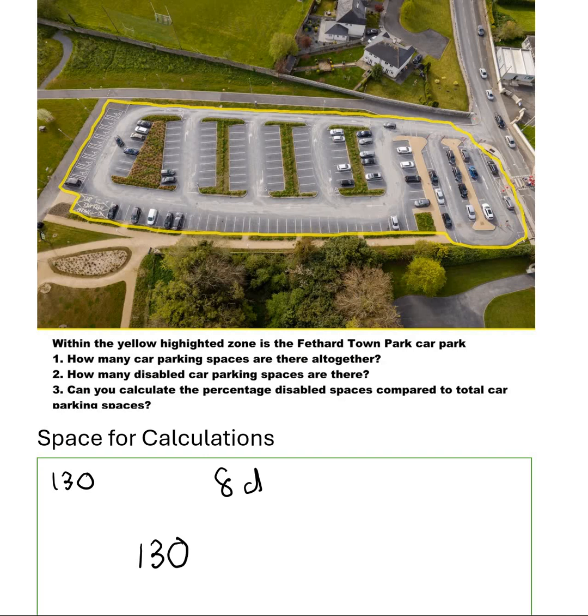We put the total number on the bottom, and the amount of disabled spaces on the top, which is 8. So now we have a fraction. To get the percentage of disabled spaces compared to total spaces, we multiply our answer by 100. And I get 6.15, and that's a percent. So according to my calculations, 6.15% of the spaces in Feathertown Park are disabled spaces.